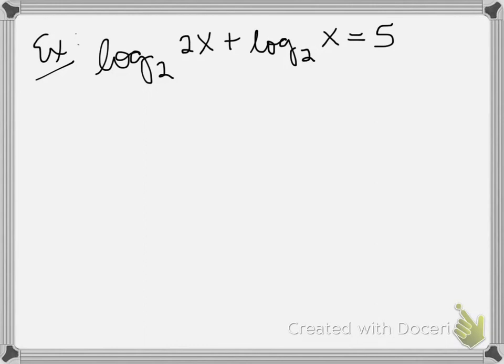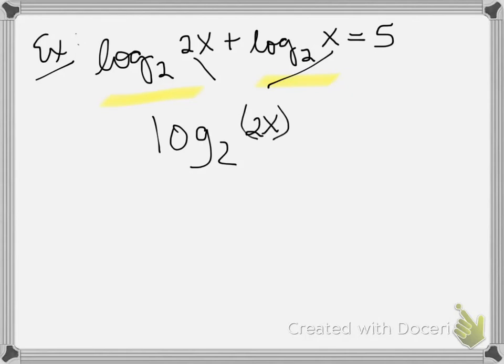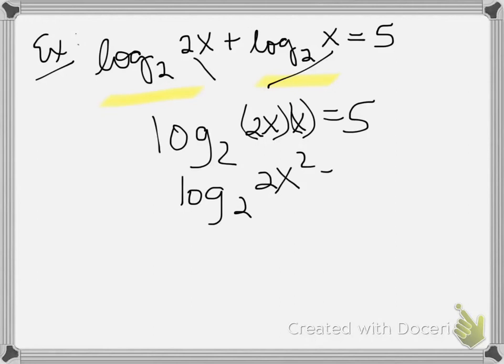All right, now, what do you do in the case when you have two logarithms on the same side? Well, remember that condensing you had to do in the last section? We have to condense this. So first I'm going to condense this. Since it's addition, it's going to become 2x times x. So this is log base 2 of 2x squared. So condensing this problem makes it easier for me to solve.